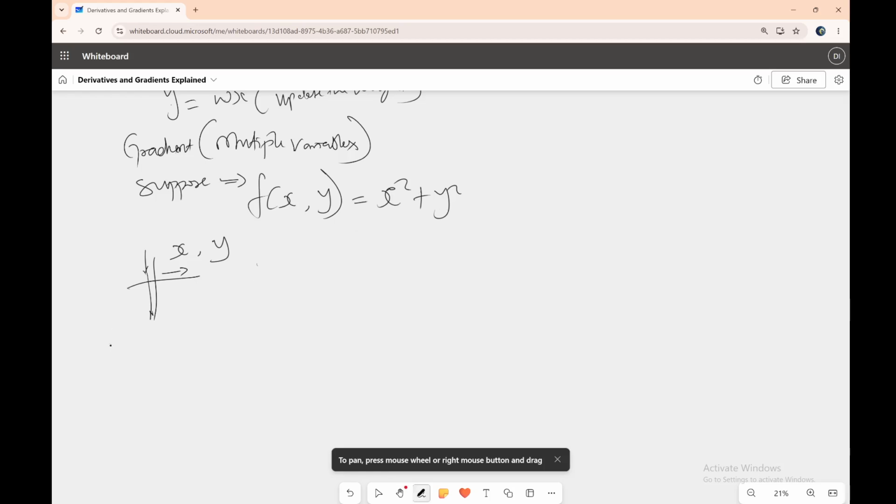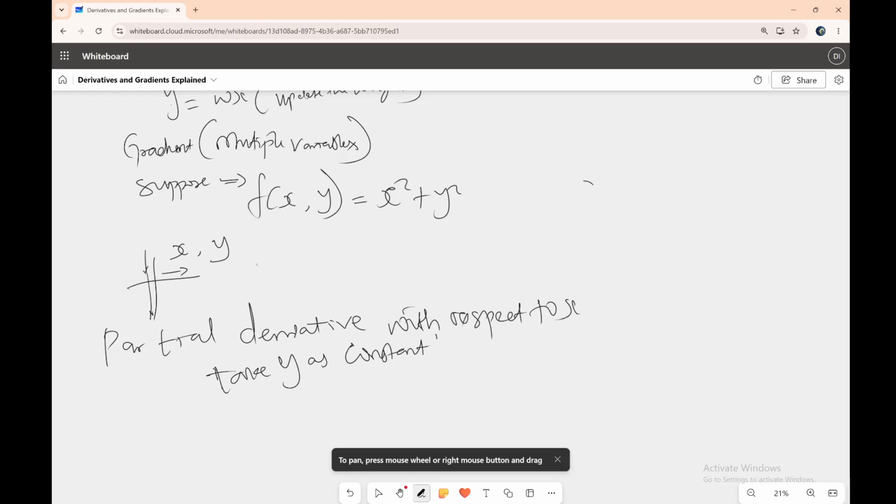I'm going to write the partial derivative properly, don't mind my writing. So the partial derivative with respect to x. Now, what am I going to do? Here, we're going to take y as what?